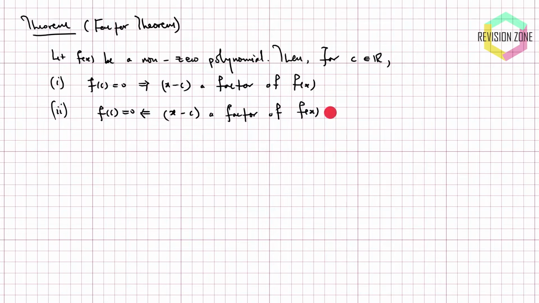So statement 2 says if x minus c is a factor of f of x, then f of c is 0. I should point out the subtle structure happening here.